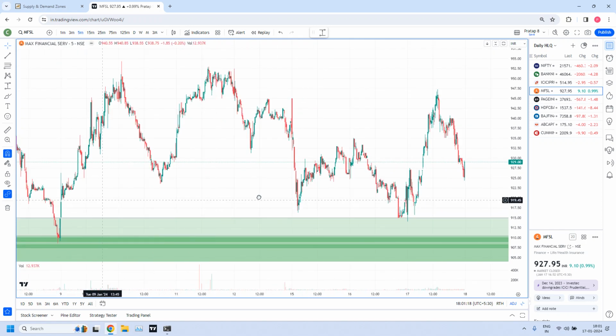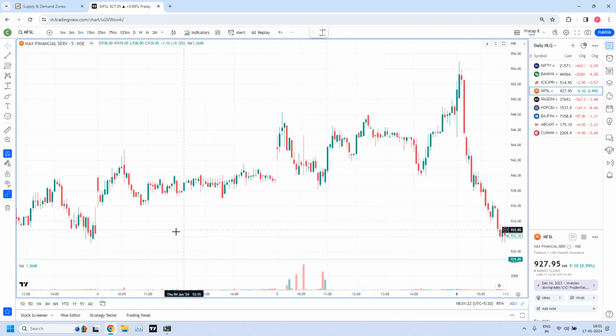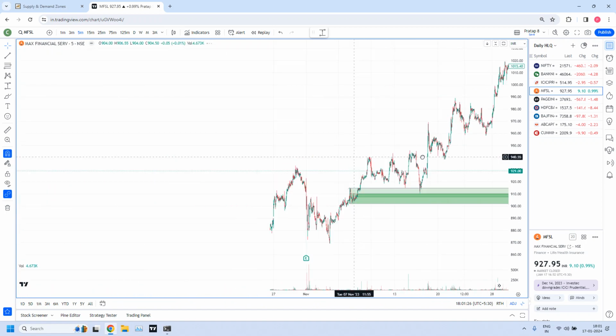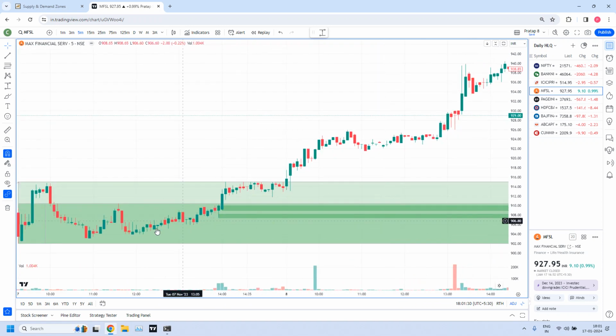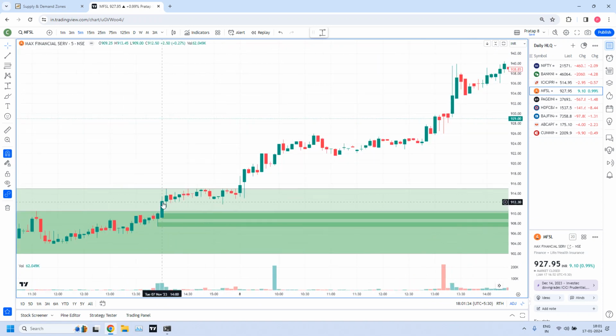In the 5-minute time frame also, the structure is not good, especially here. Here we have a rally candle, but then base candles 1 to 8. Here we have a drop candle and all the remaining are base candles.